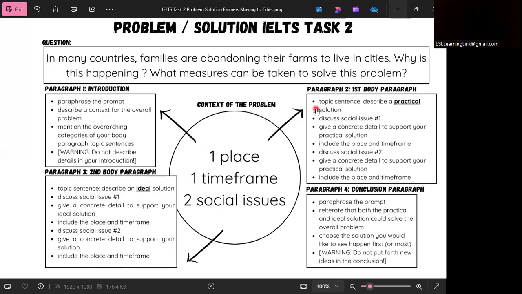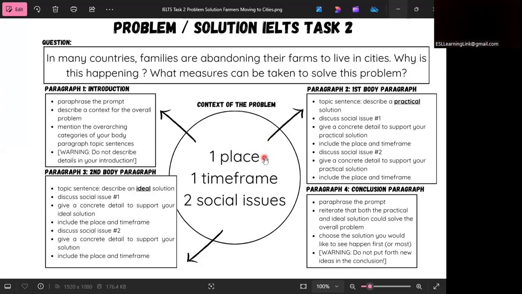But the variation, the thing that makes the paragraphs need to be separated, is that one is practical and one is ideal, meaning this one might be able to happen today, and this one could happen if the world were perfect, or if you were in charge, if you were boss of the world, this is how you would manage it. But given the limitations of the current place and time frame, this is more practical.